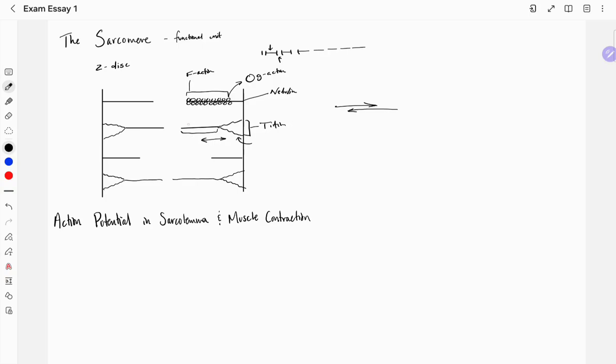And then here on the titin, we have myosin. And that's the same here on both sides as well. It just continues on.